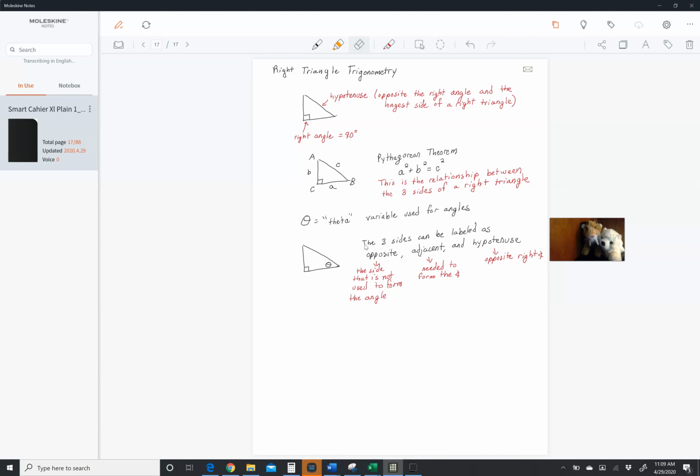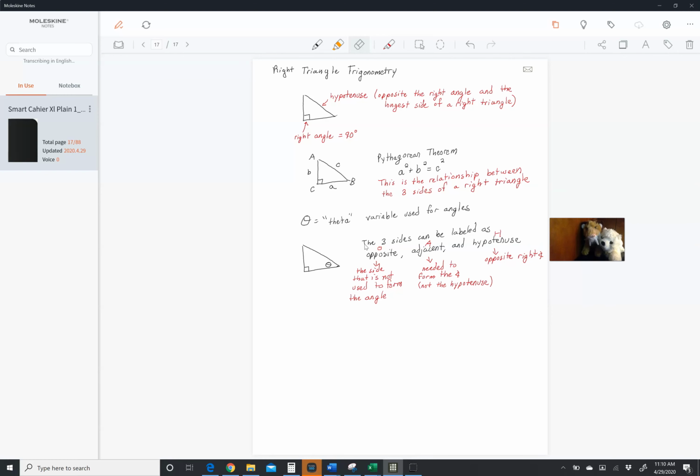There are always two sides that form the angle. One of them is the hypotenuse, one of them is the adjacent. So the adjacent would never be the hypotenuse. Opposite will typically use the letter O, adjacent will use A, and hypotenuse will use H.